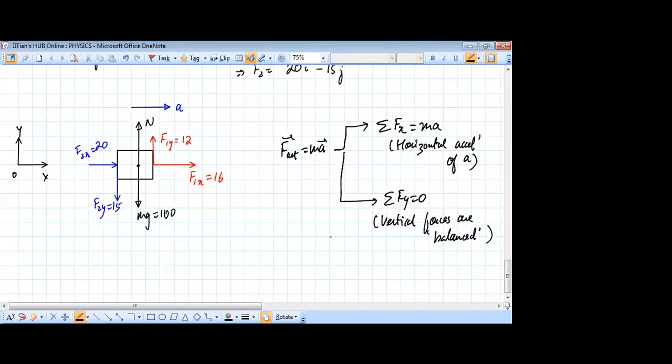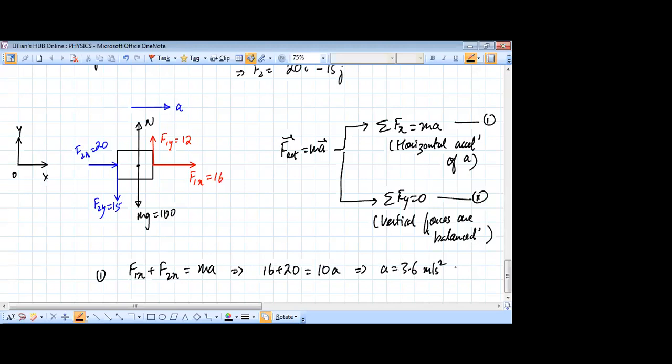Okay. So this is my equation 1, this will become my equation 2. So in equation 1, what will come here? What is the net force along the x-axis? It is F1's x component plus F2's x component. So this equation will tell me 16 plus 20 is equal to mass, which is 10 into a. So the acceleration will become how much? 3.6 meters per second square horizontal.